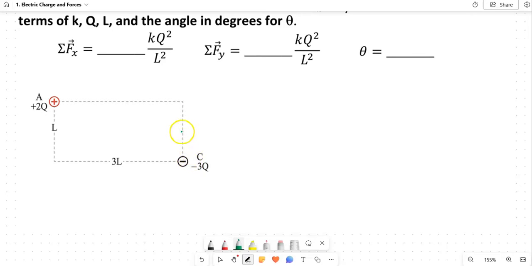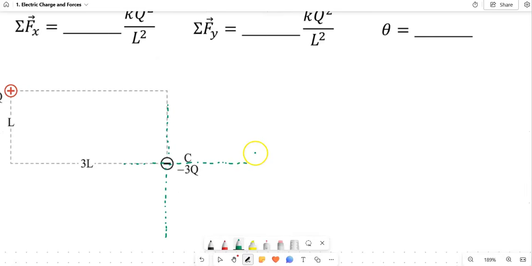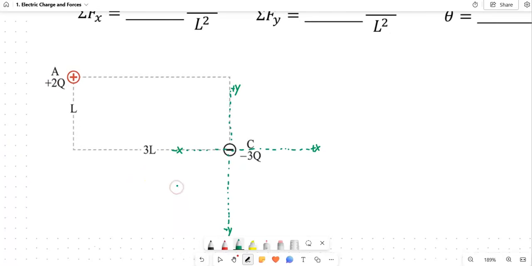It'll be a lot easier for me. So I'm actually going to write it right here. Okay, now that I have that, I'm going to label this as positive X, negative X, negative Y, and positive Y. I think this is going to help make more sense when we're doing these tutorials.